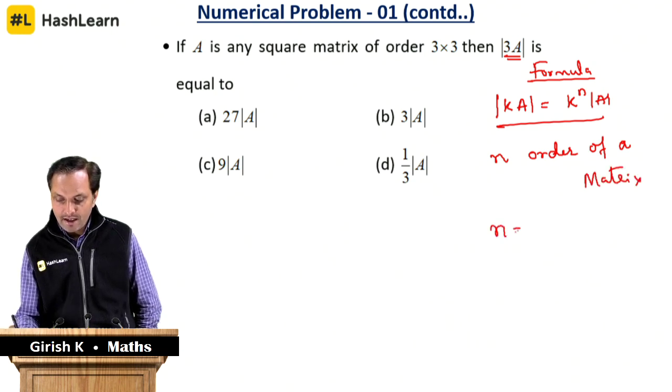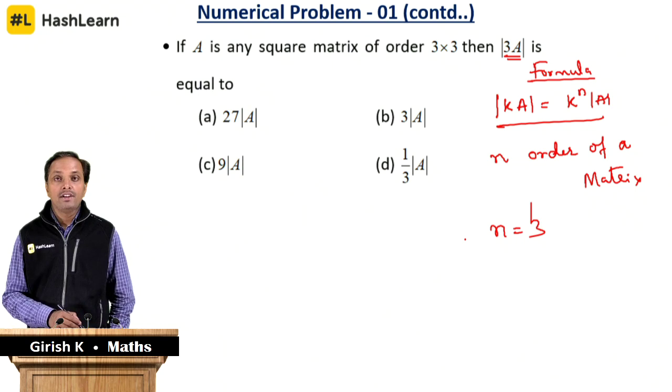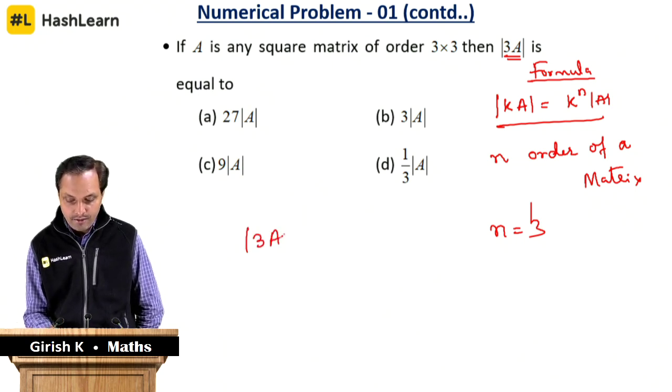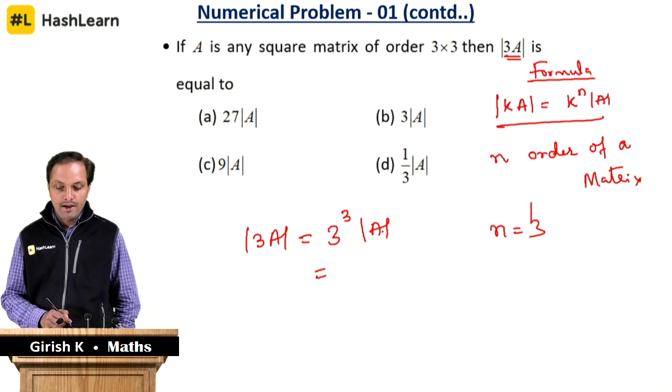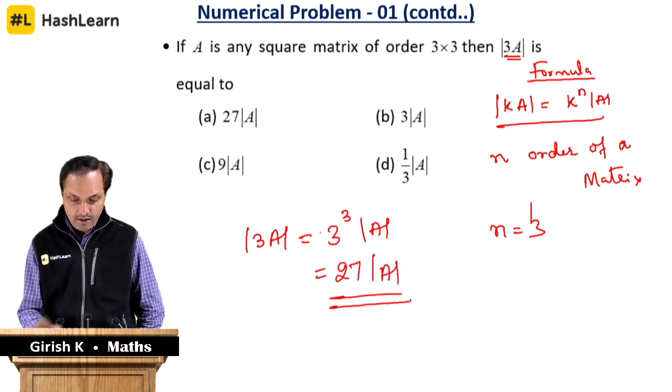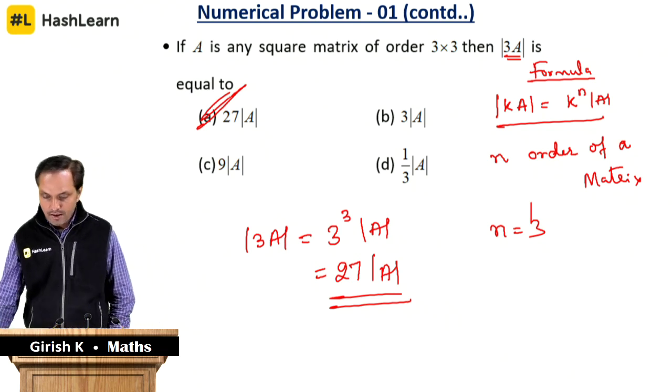So for this problem n is 3, because 3 cross 3, 3 is the order. So determinant of 3 into A can be written as 3 to the power 3 determinant of A, according to the formula, which is 27 times determinant of A, which is there in option A. That is your answer.